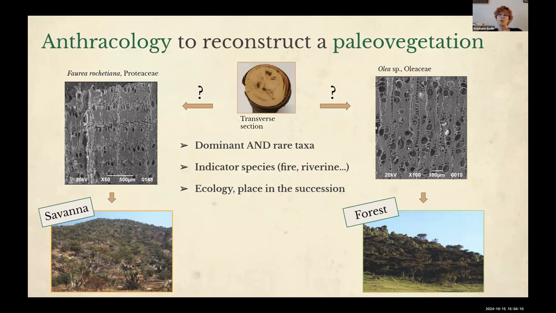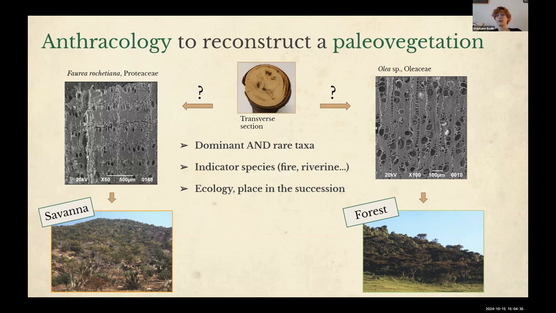And so when you have a charcoal assemblage and when you identify this charcoal, you will check, of course, the dominant taxa that you have in your assemblage, but also the rare taxa, because these rare taxa can be indicator species. For example, you can have only a few taxa, but that are indicator of fire, such as the Proteaceae.